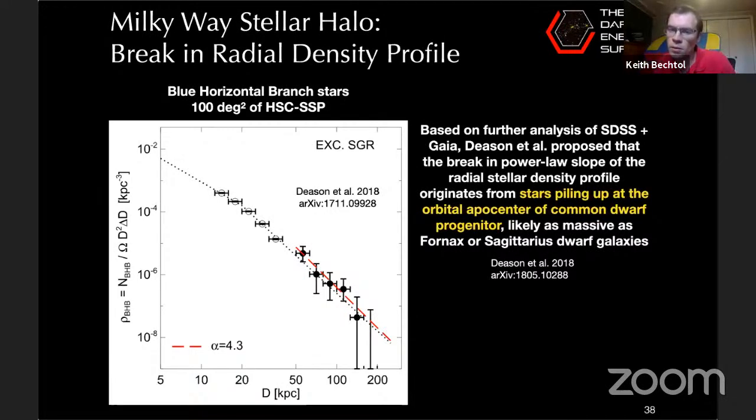One of the ideas that has been gaining favor in recent years is that when we see this shelf, this break in the density profile, maybe it's originating from some massive dwarf galaxy that was accreted onto the Milky Way, and we're seeing stars piling up at the orbital apocenter of that dwarf galaxy progenitor.